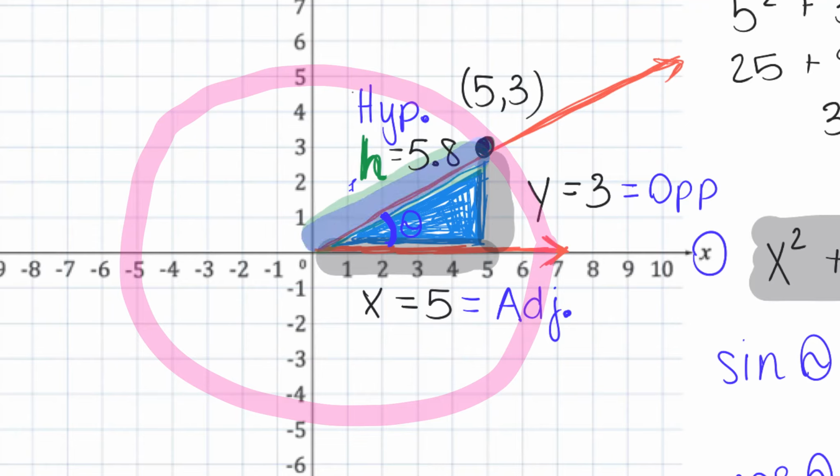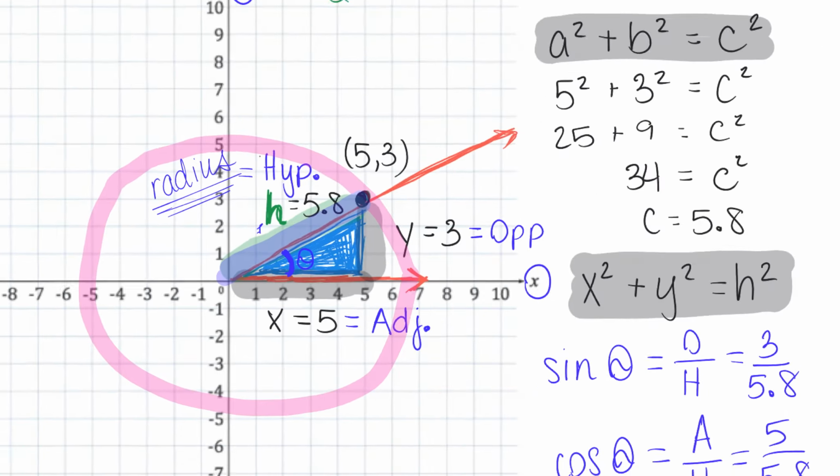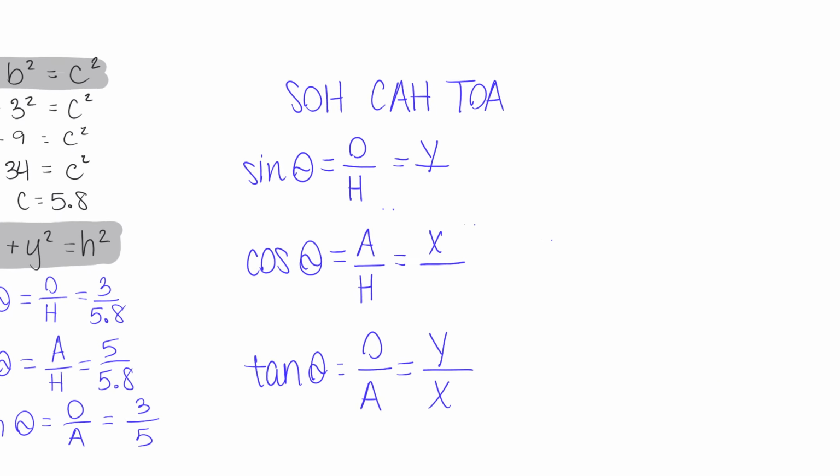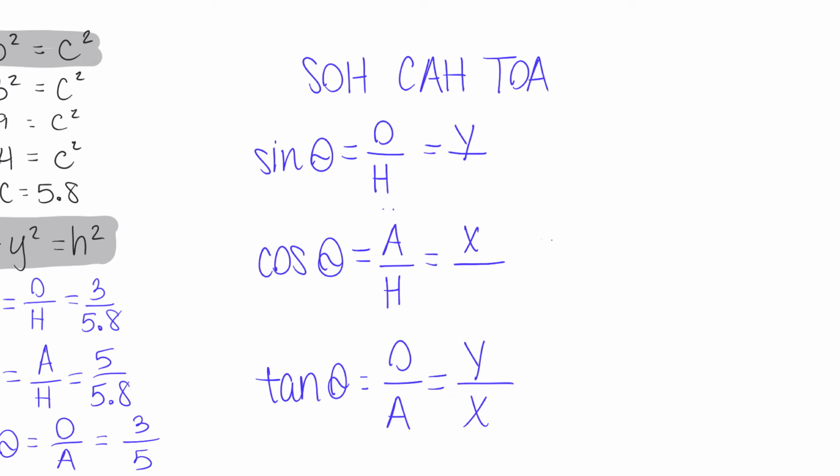Okay. If I draw a circle, what now is this hypotenuse? And if we're talking in terms of a circle, what is that on a circle? It's the radius. And circles are about to become a very important part of our life. So a radius is another term for hypotenuse. So that means everywhere I had a hypotenuse, this is actually a radius.